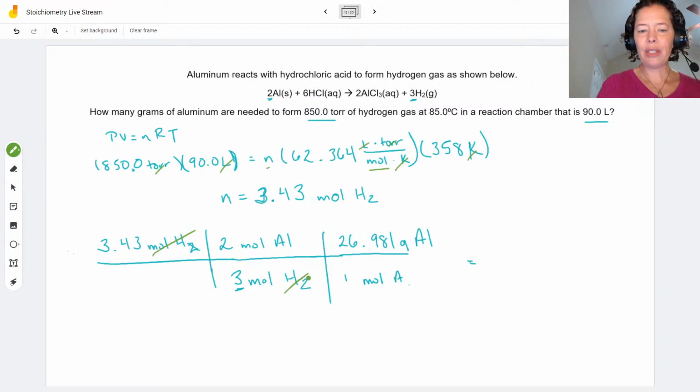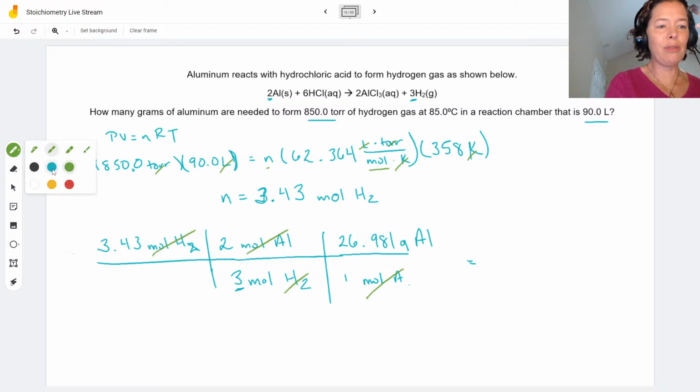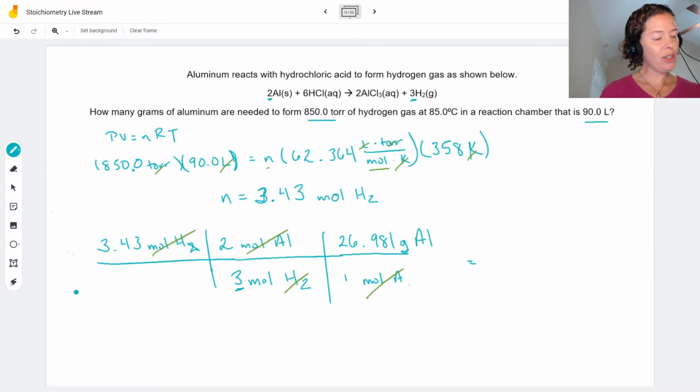Let's make sure my units canceled. My moles of aluminum cancel. I now have grams of aluminum. So now, doing the calculation, we get 61.6 grams of aluminum.